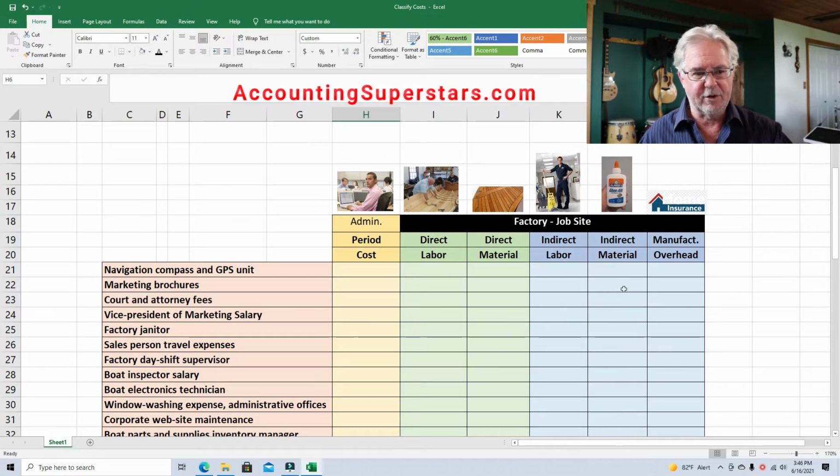Now, indirect materials. These are materials that are used to build the boat. I've got a picture of some glue here, and I'm using that as an example. They do use a lot of glue and caulking on boats. So indirect materials are things that can become part of the boat, but they're items that aren't worth tracking.